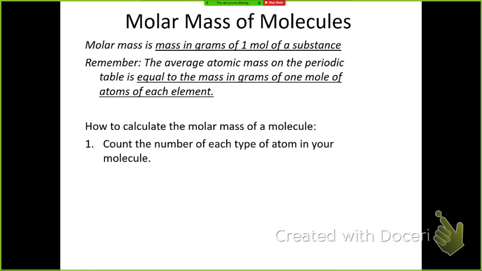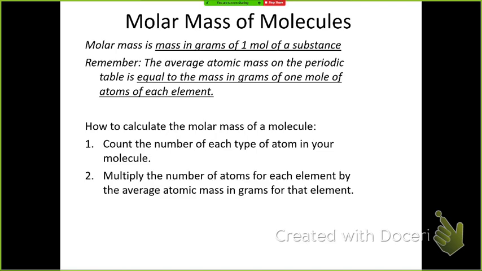First, we're going to count the number of each type of atom in our molecule. Then, we're going to multiply the number of atoms for each element by the average atomic mass in grams for that element that we find on the periodic table.